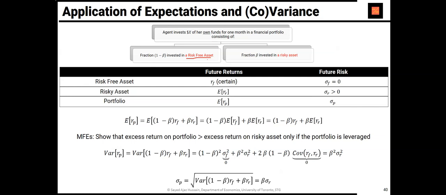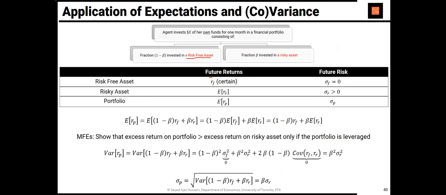So if you're a Canadian and you go buy a 3-month U.S. Treasury bill, and hang on to that bill for 3 months, you will get a guaranteed return in US dollars, as long as you don't bring it back to Canada. Because if you bring it back to Canada, then you face foreign exchange risk.